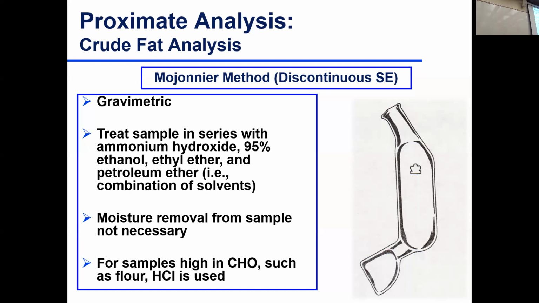Ethanol is added to prevent clumping because if you don't have ethanol, the protein might clump together when you add the ethyl ether and petroleum ether. And if the protein clumps, it might entrap some of the fat, and that can cause underestimation of your fat content.